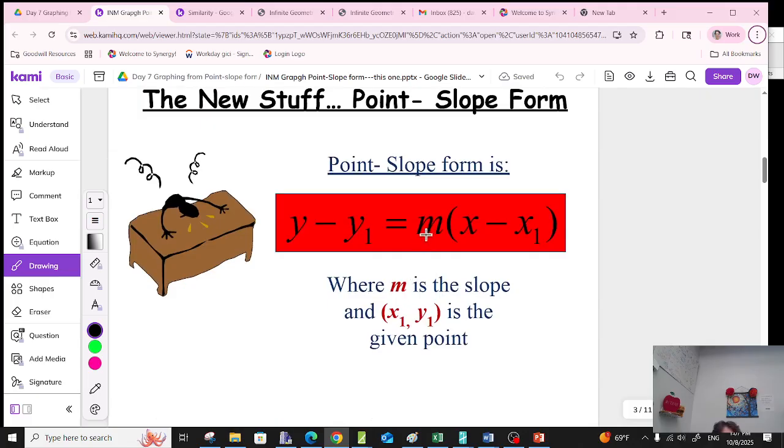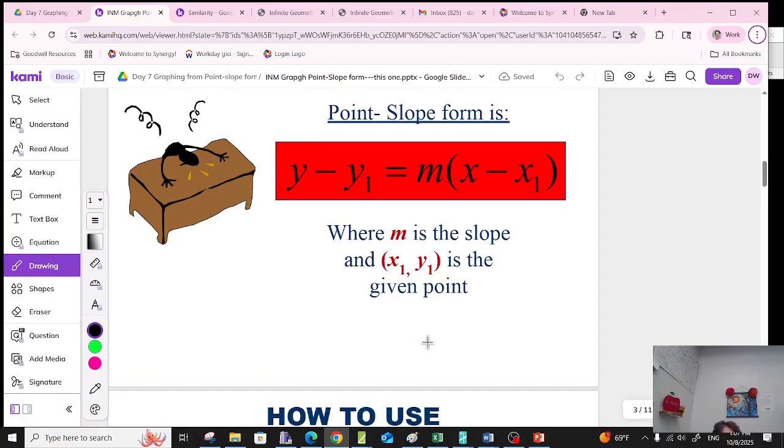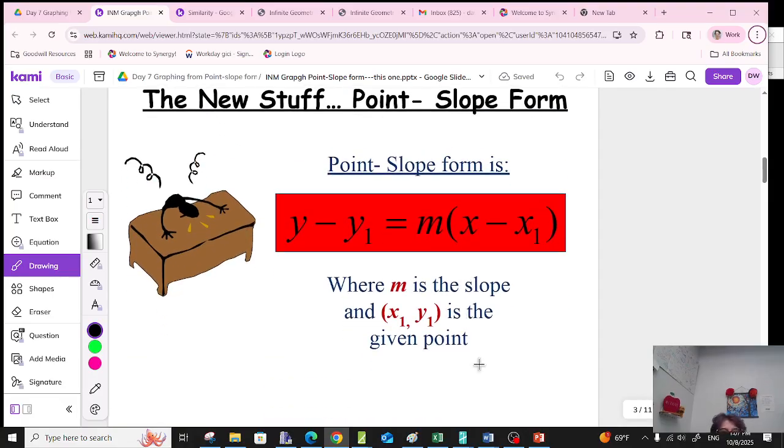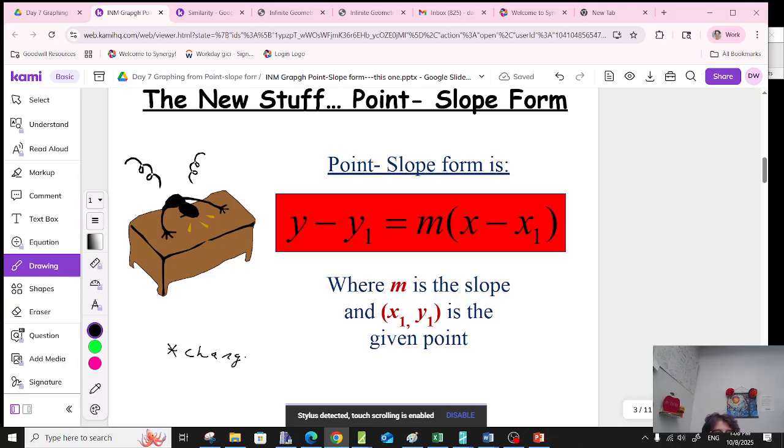So m, the number in front of the parentheses, is your slope. Notice, see how there's minus signs here? But here they're positive. You may want to make a note of this: you have to change the signs of x1, y1. That's the hardest part on this.